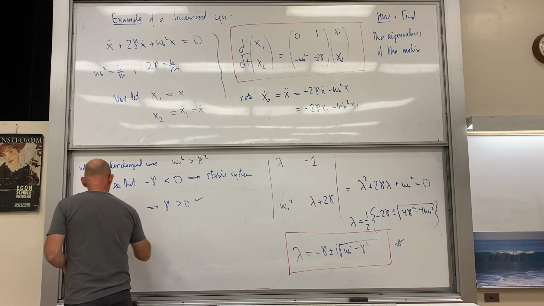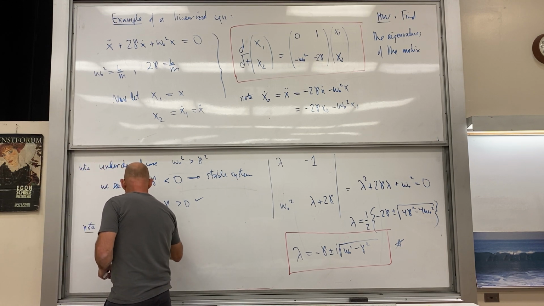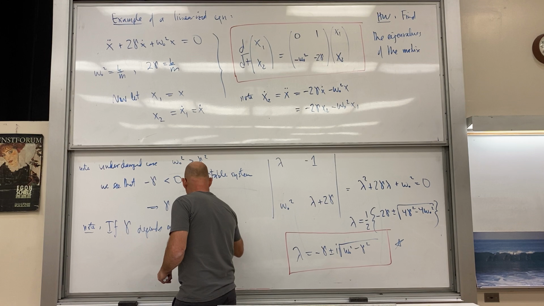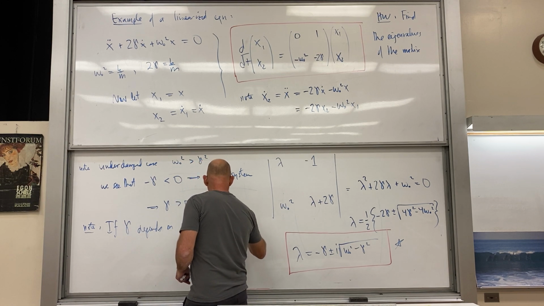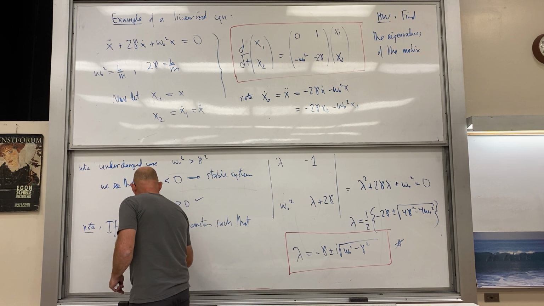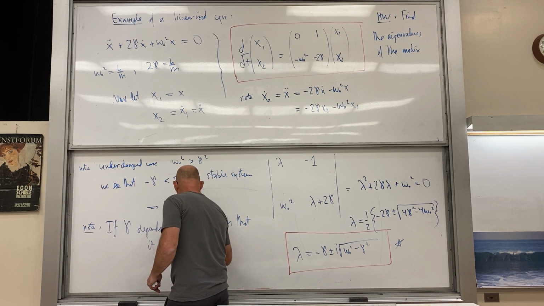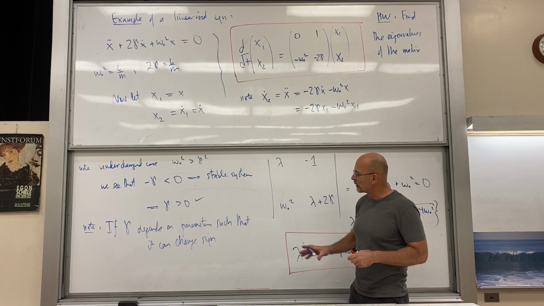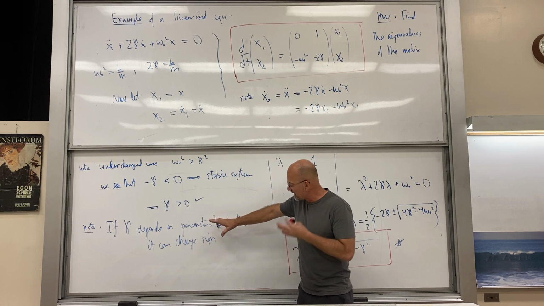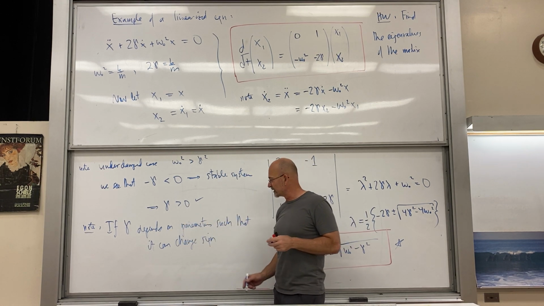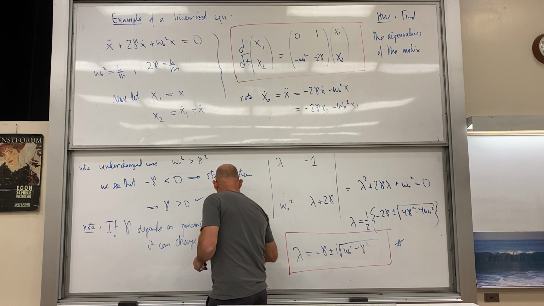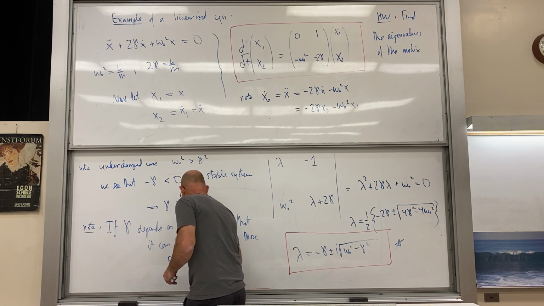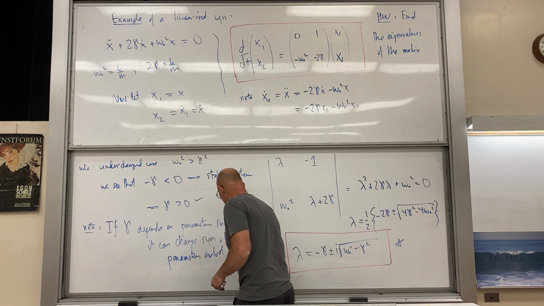If gamma depends on parameters such that it can change from positive to negative, then those parameters, whatever they are, some kind of physical inputs, would control the stability of the system.